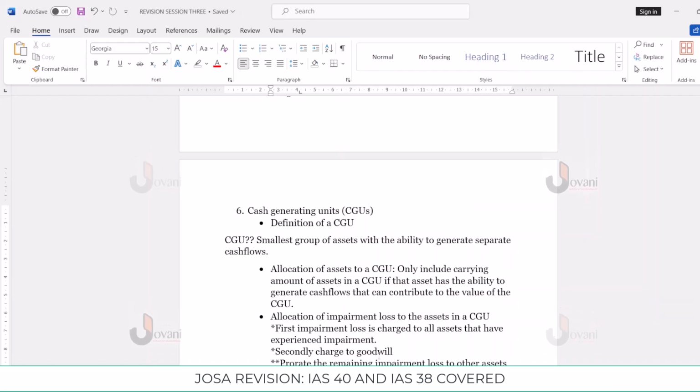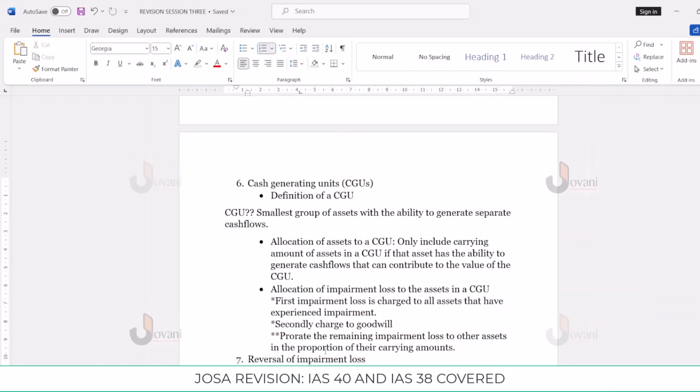Is that clear with everyone? So that's what the standard tells us.